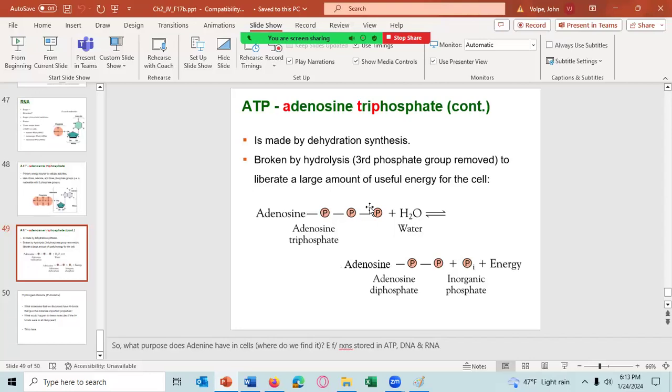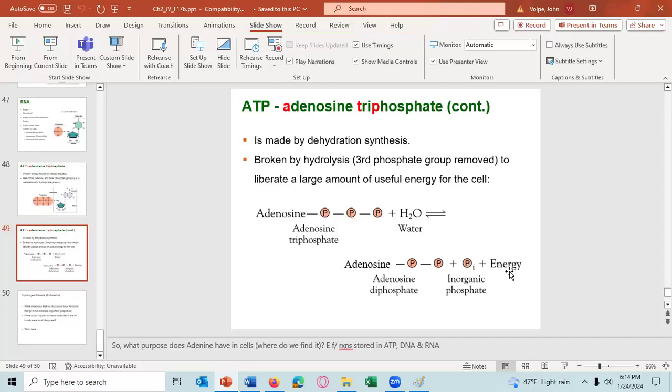And how you do that is you take ATP plus water going this way, and that'll make ADP, adenosine diphosphate. And then you get the phosphate group coming off, and the i just stands for an inorganic phosphate group. It has no organic group bound to it.